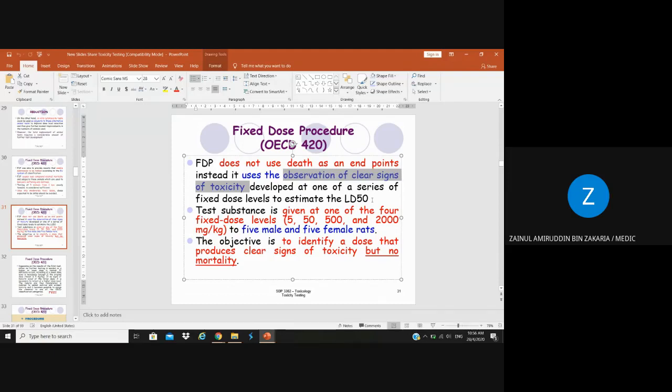You take one rat, you try at 150, which is between 50 and 300, and see what happens using only one mouse or rat. If at 150 the mouse is still healthy, no sign of toxicity, that means the LD50 can be estimated between 150 and 300.